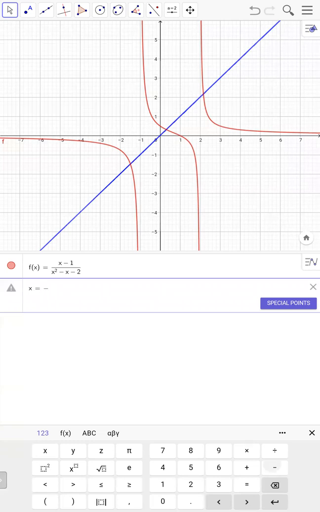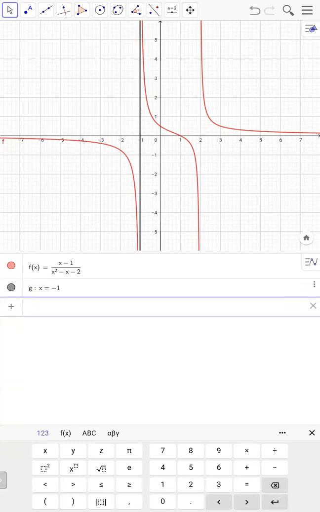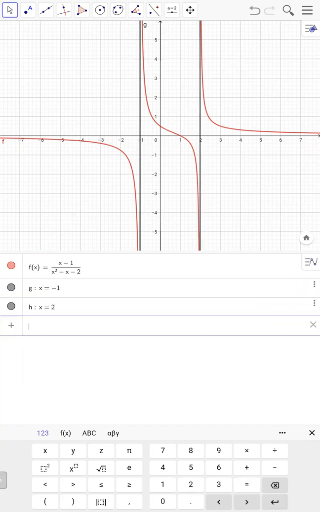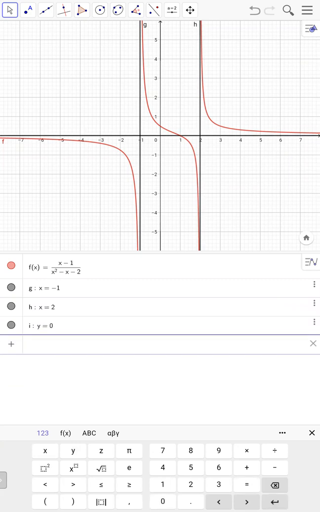X equals -1, X equals 2. Those are the vertical asymptotes. And then Y equals 0 for the horizontal one. Ayan.